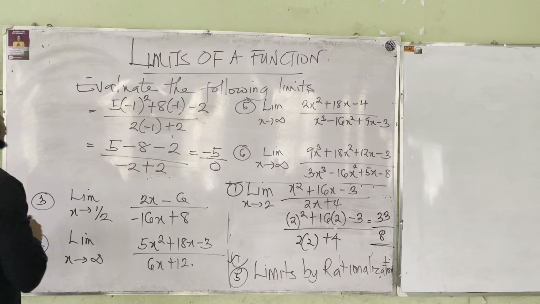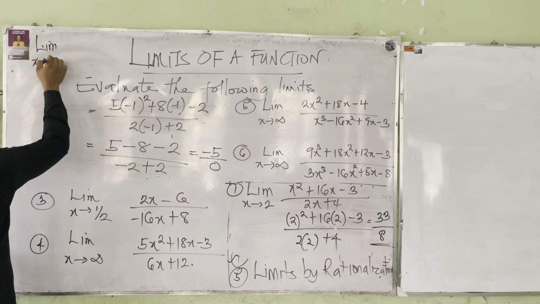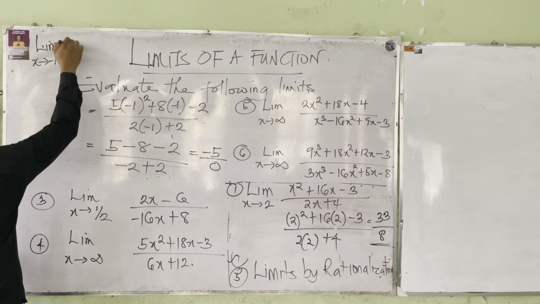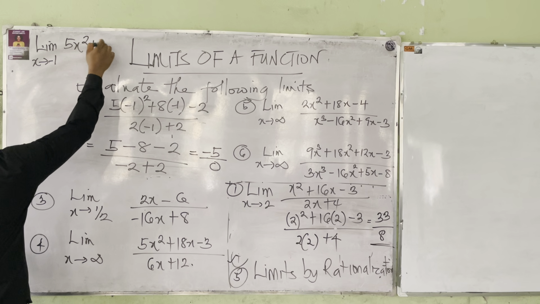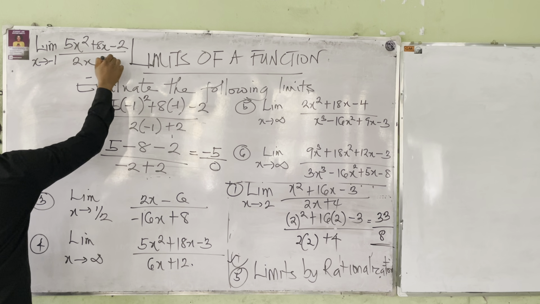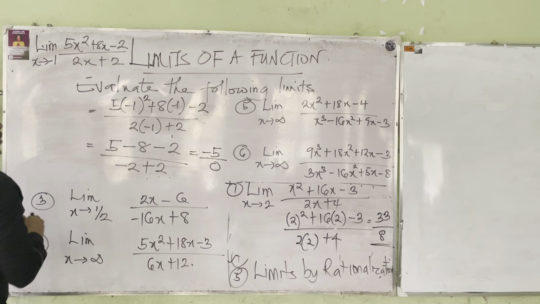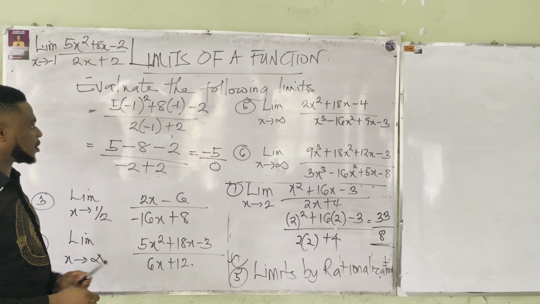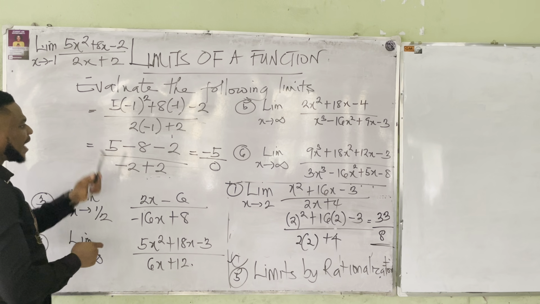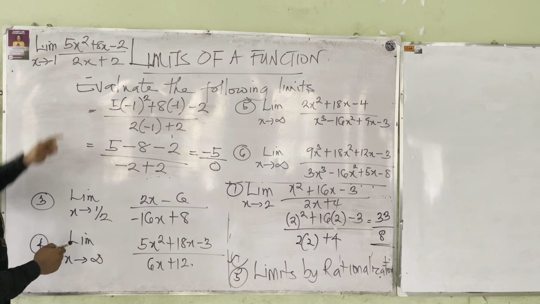So the question was the limit as x tends to minus 1 of 5x squared plus 8x minus 2, divided by 2x plus 2, right? This was the question. Good. So now, after you have done this, use L'Hopital's rule to differentiate.